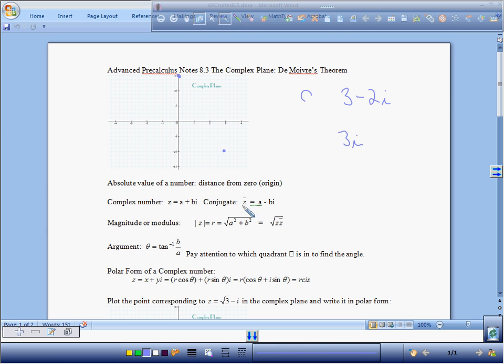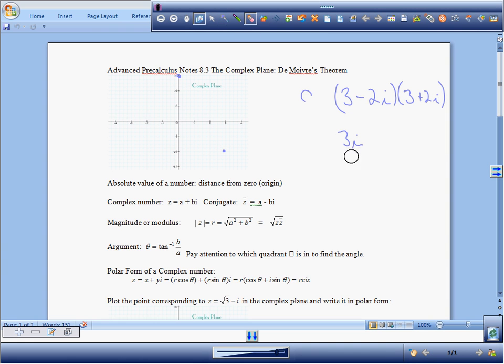This is the conjugate of a complex number. For instance, if my complex number is 3 minus 2i, its conjugate would be 3 plus 2i. When I multiply those conjugates together, it turns into a real number.